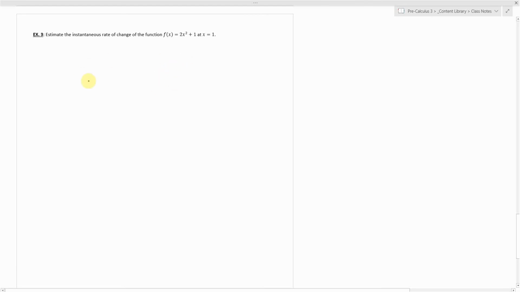Okay, so we're going to apply that logic from the first example we did of taking secants and getting them shorter and shorter. So what we want to do here is think about x values that are very close to but not equal to 1.